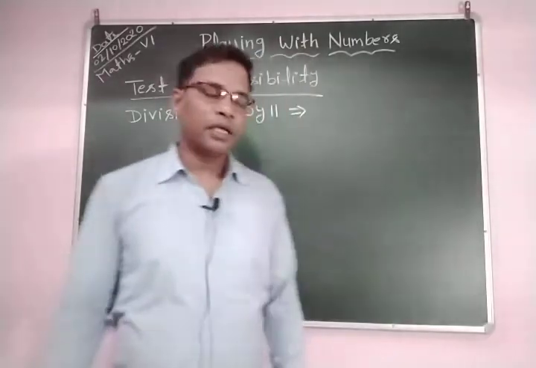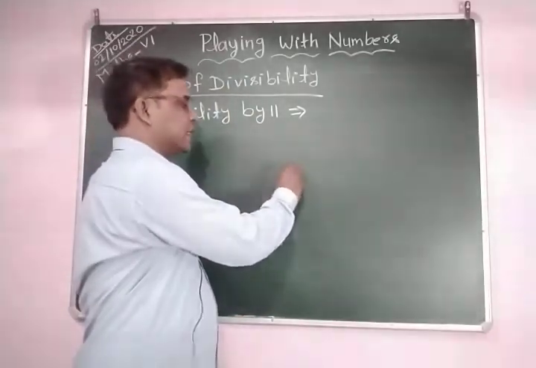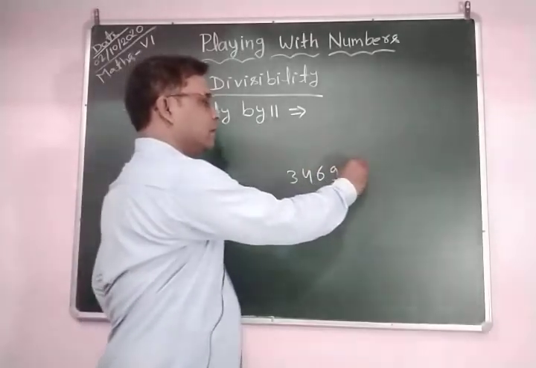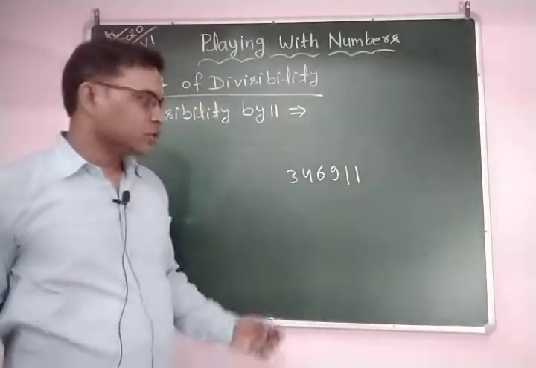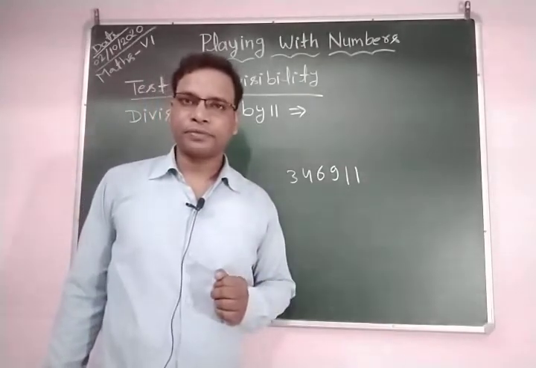For example, we can take the number 3, 4, 6, 9, 1, 1. Is this number divisible by 3 or not? How can we find out?